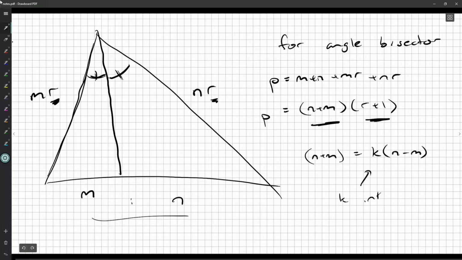So k is an integer, r is just rational. r is definitely rational, but k has to be an integer because n plus m is a multiple of n minus m. Okay, so what all can we do here? Well, I suppose I could rewrite P as k times n minus m times r plus 1. This adds in every variable we've got here.